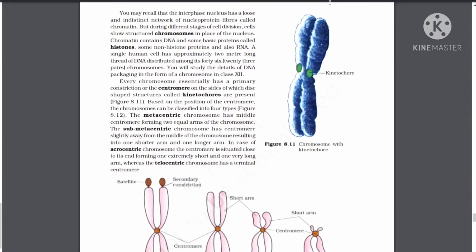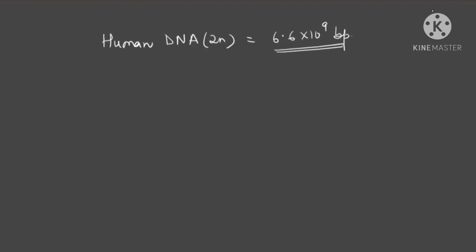Now let me tell you how we are having DNA 2 meter long. Just see, beta, just give me 1 minute. See carefully. Human genome. First of all, human DNA, we are talking about diploid, 2n content, is made up of nearly 6.6 into 10 raised to power 9 base pairs. These many base pairs are present in human. Is it clear?